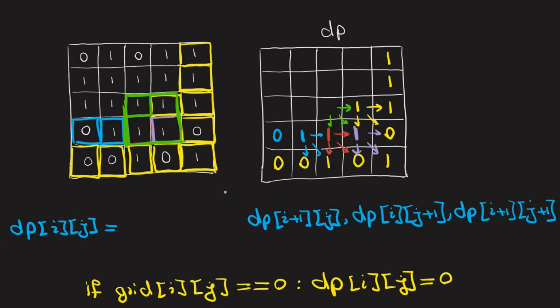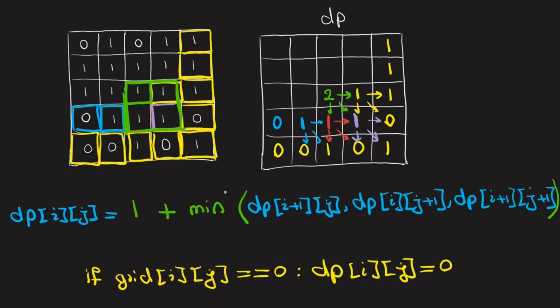So here I'm gonna return 2. So I have these 3 elements. I consider them minimum, and I'm adding 1 because we are increasing the size of the square now by 1. So it was 1 here, 1 here, 1 here, but then it got 2 because now we can expand it and make it 2 by 2. Okay, now we have our formula.